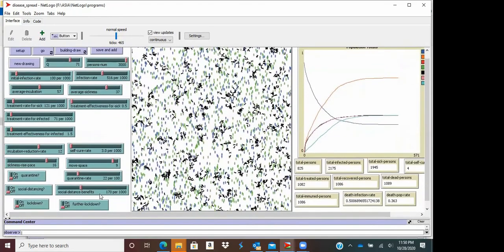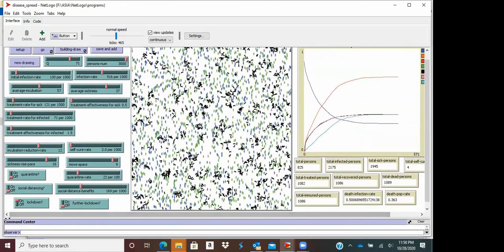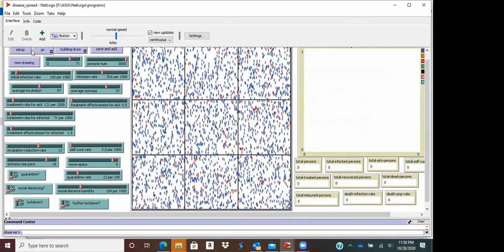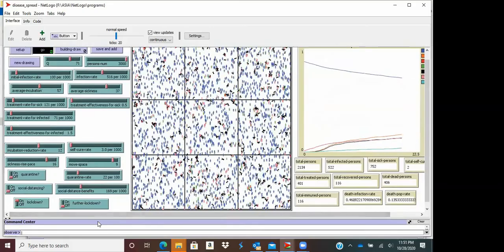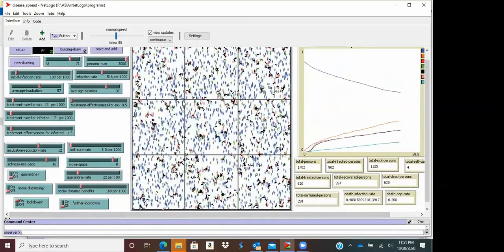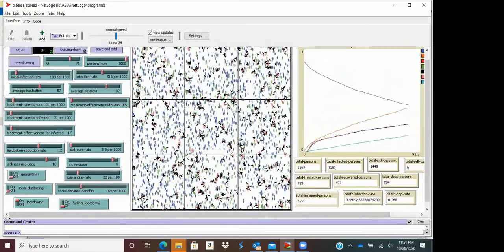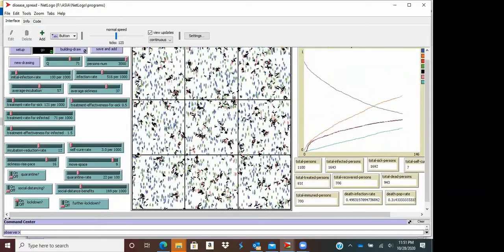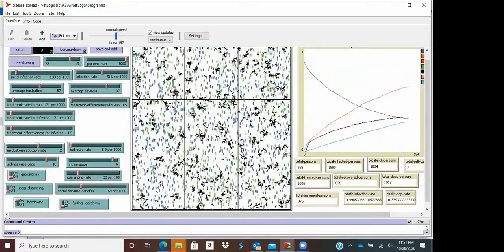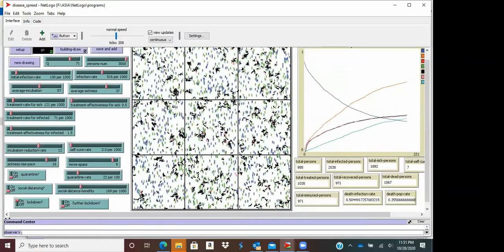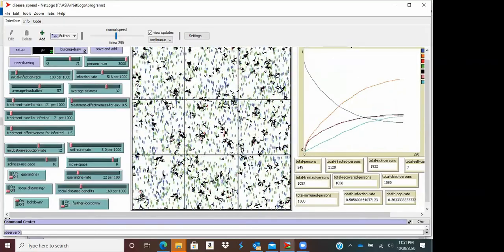Now let's say that we have lockdown, and see what happened. Remember, now we have 1,089 people died. Set it up, and we go. Lockdown means that people cannot move as freely as before. Let's see what happened to lockdown. Do deaths increase or decrease?